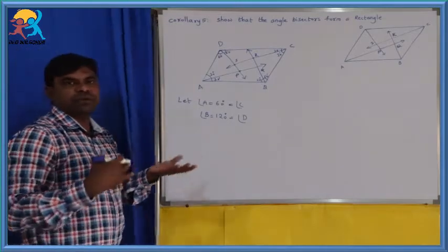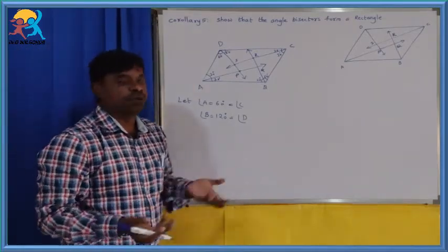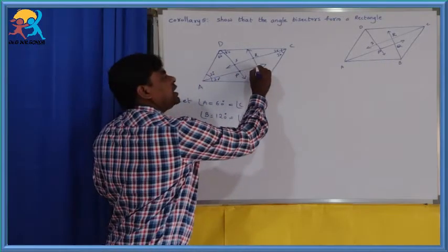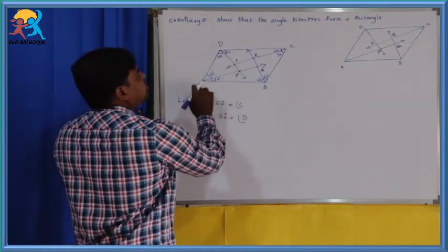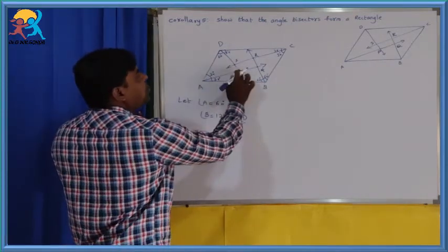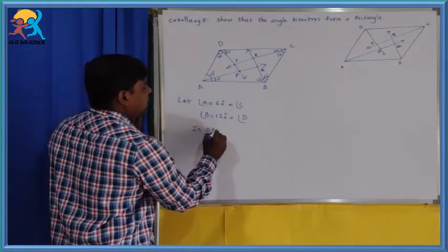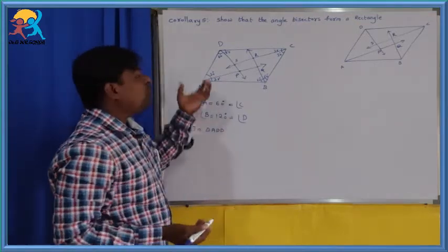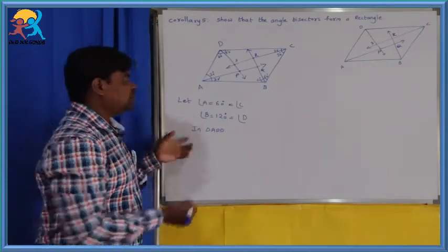Actually, we do not know whether it may be a parallelogram or rectangle or a square or a trapezium, we do not know, but we can say it is a quadrilateral because it has 4 sides. So, I would like to take the triangle APD. In triangle APD, what are equal and what is the sum of the 3 angles of a triangle, that we have to write.